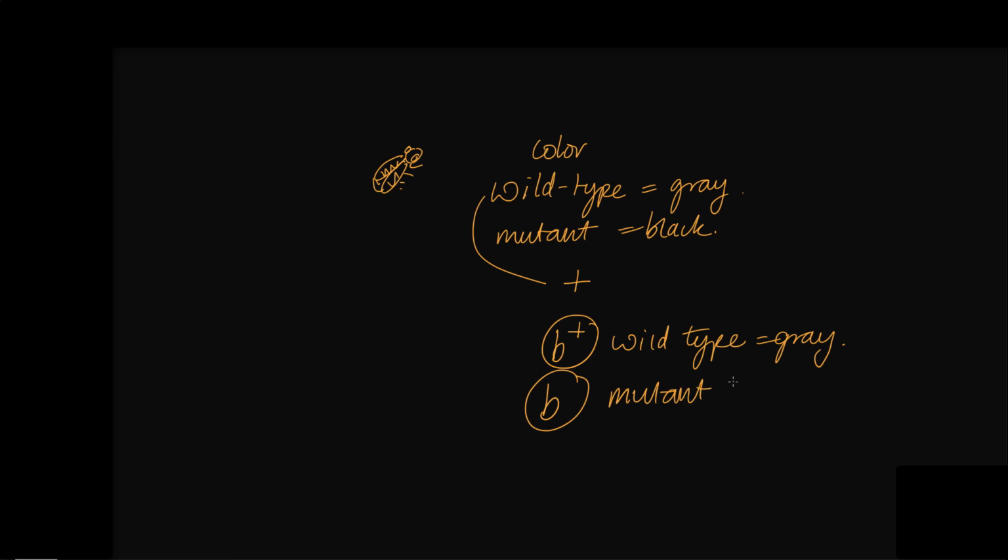And remember, these organisms are going to have 2 copies of every gene, 2 alleles. So if the organism is B plus B plus or B plus B, assuming that the wild type is dominant, they're going to be grey. And if they're BB, they're going to be black. Okay, so that's how we write the alleles for Drosophila. It's going to be the letter that represents the mutation.